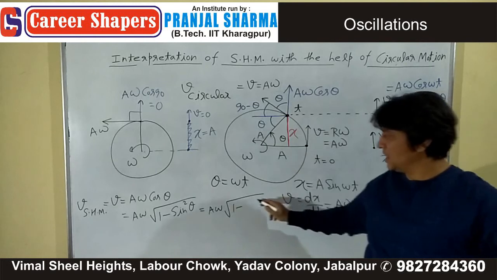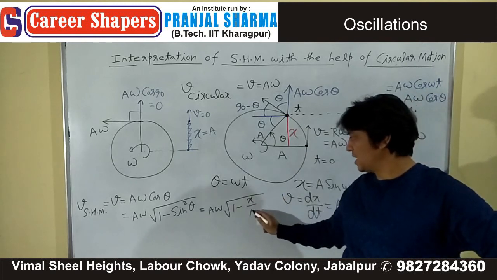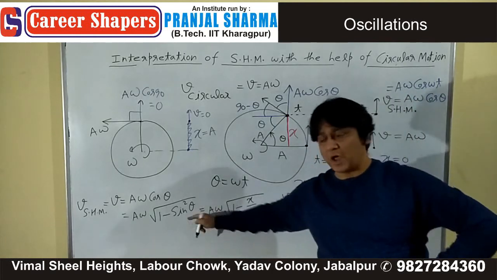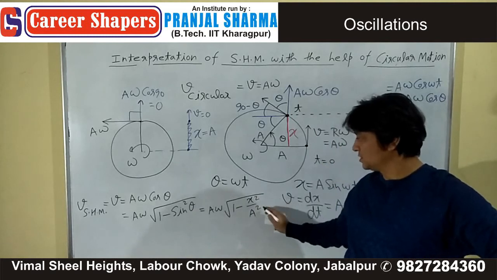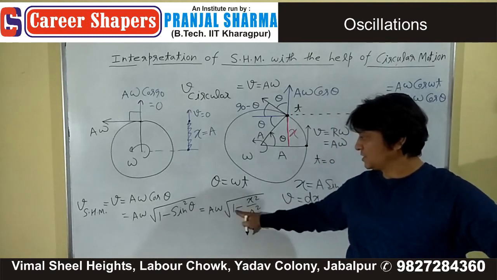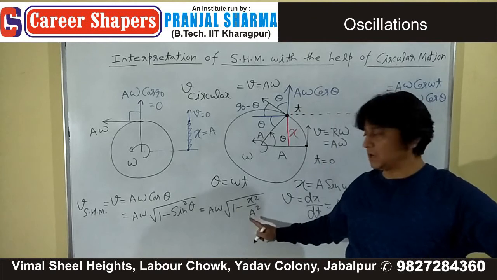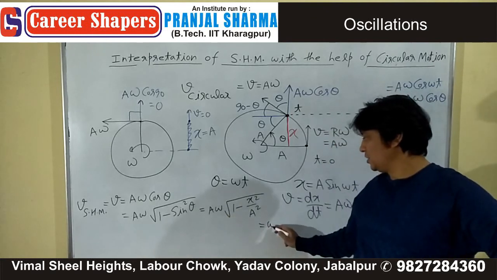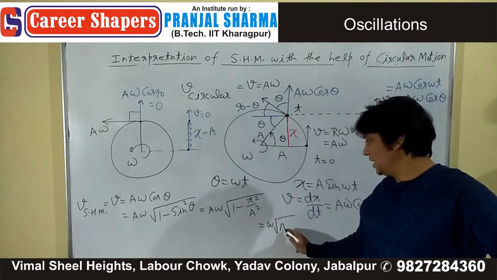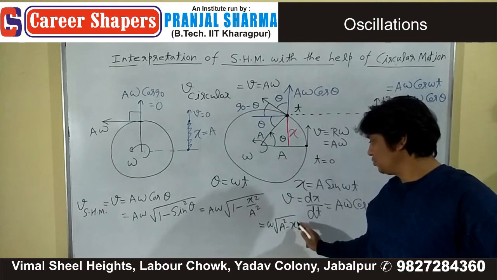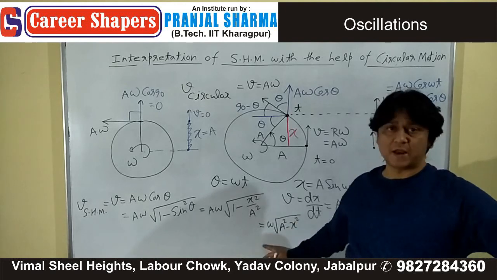So sine theta is x divided by A. Square it, then A square minus x square, take the root, A and A cancel, and you get omega times root over A square minus x square.